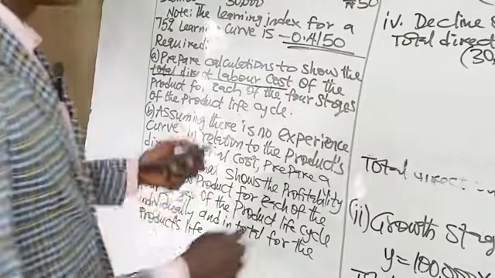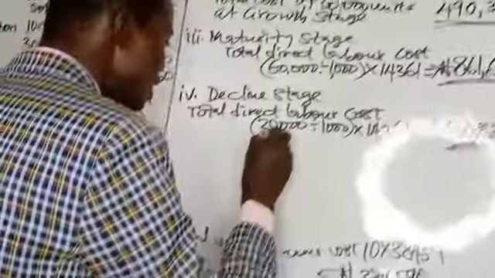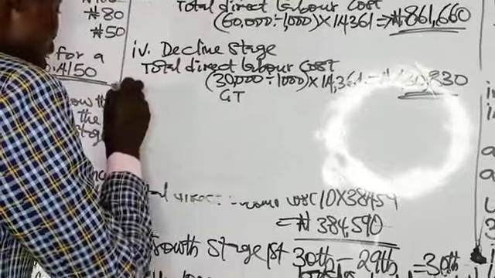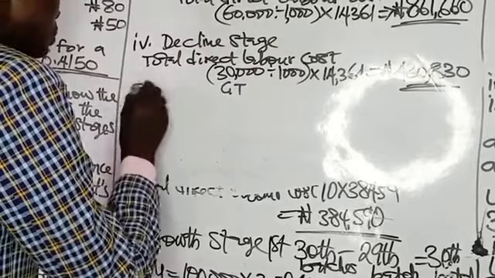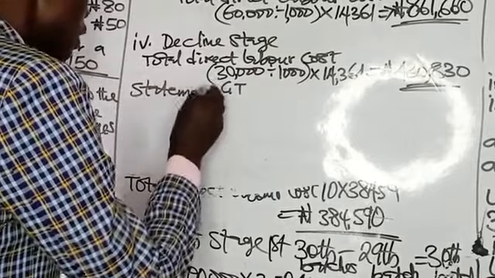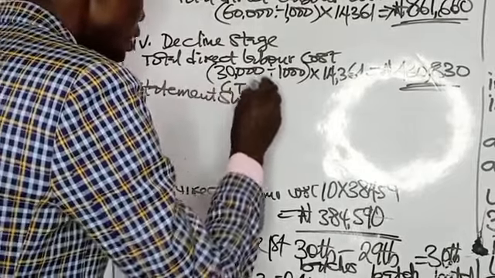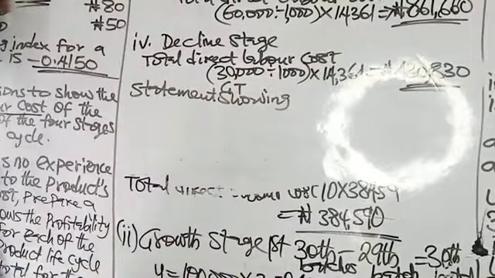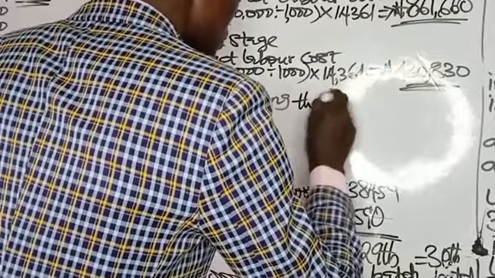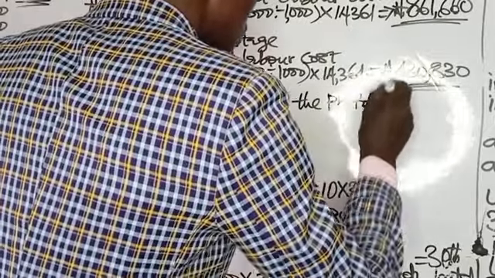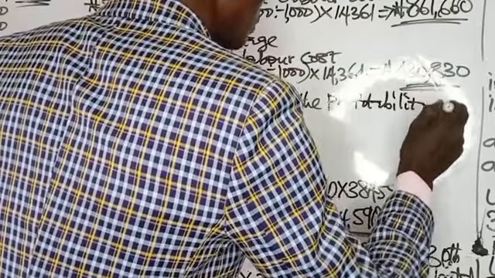So now, the name of the entity remains GT. So we have profit statement showing the profitability of the company.